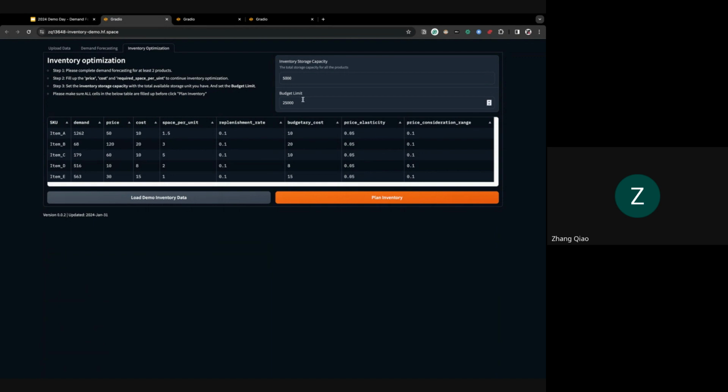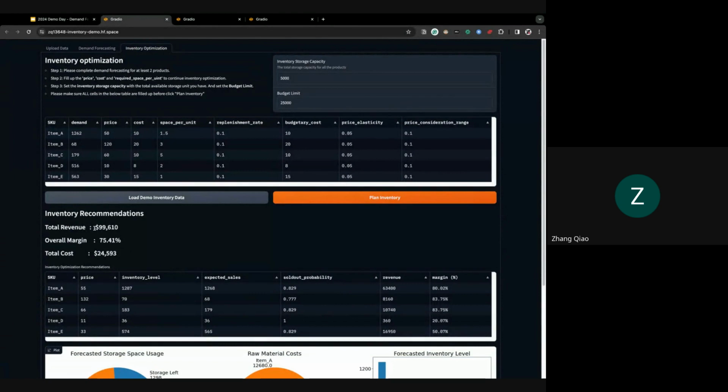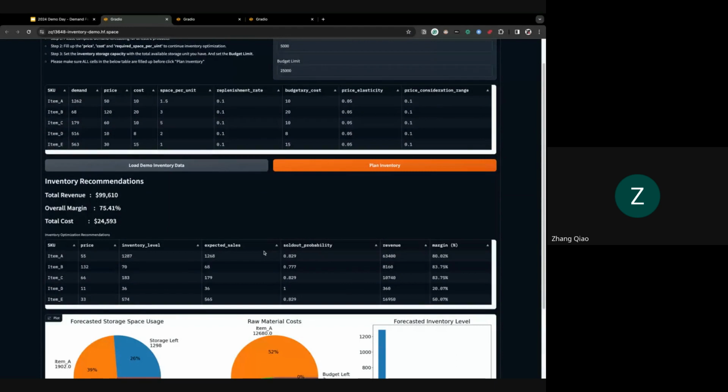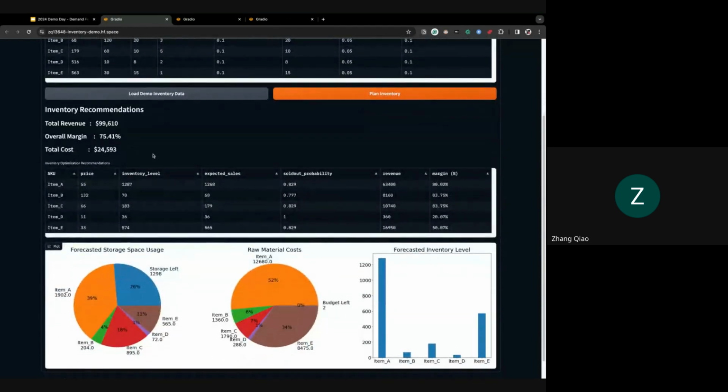With these constraints and with this product demand information, we are able to plan for the inventory and try to gain as high a total revenue as possible with all of these constraints considered. So here are the recommended inventory recommendations.